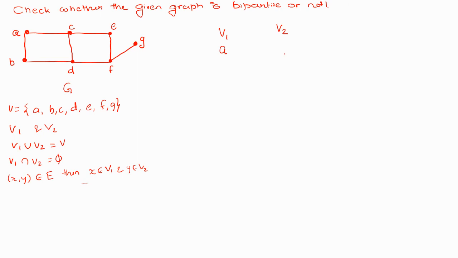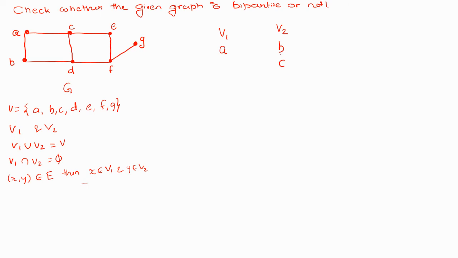Therefore, they have to belong to V2. Because if I write B and C under this V1 column, or if I include B and C in set V1, that means there will exist an edge between the vertices of V1, and the graph will be directly considered as non-bipartite. So we can partition them into V2, that is B and C will be here.